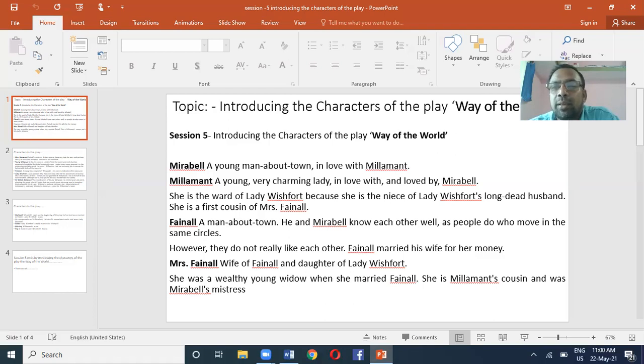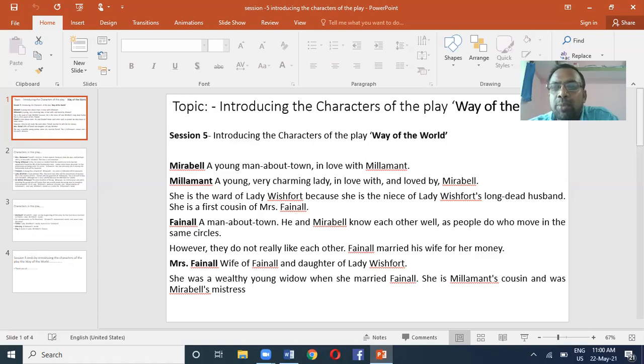They were living in the same town and at the same age, as people do who move in the same circles. Almost, they were playing the same game. One is married and one is yet to marry.